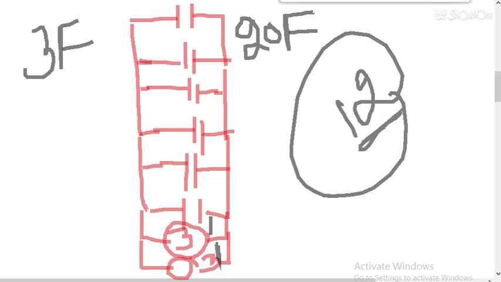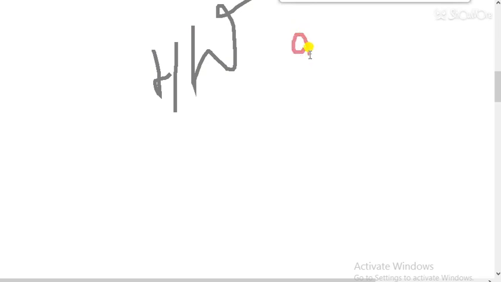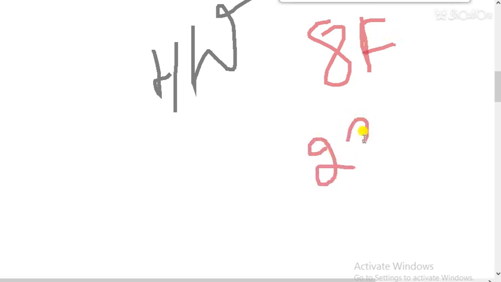So the last question is given to you as homework. In the homework you can note down this question: if I have the capacitors of, okay, let's take some other value, if I have the capacitor of 8 farad, and I have to obtain 23 farad, then the minimum number of capacitors required will be.